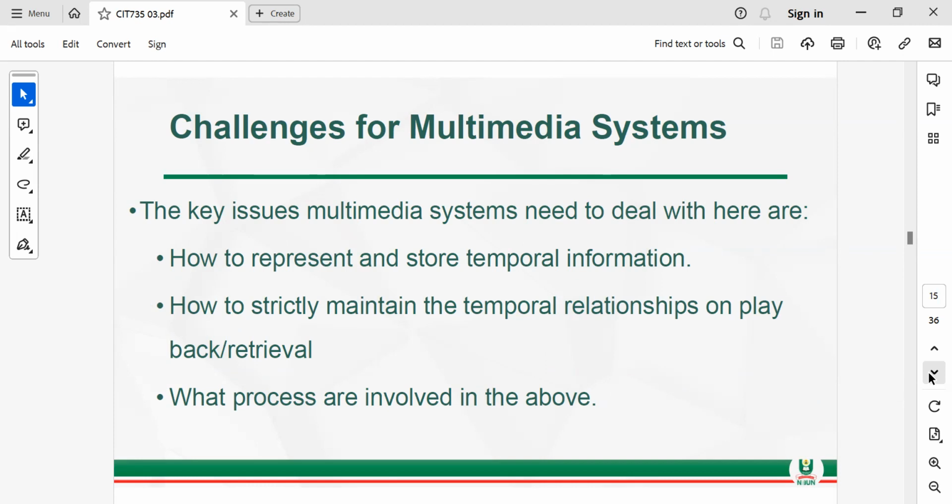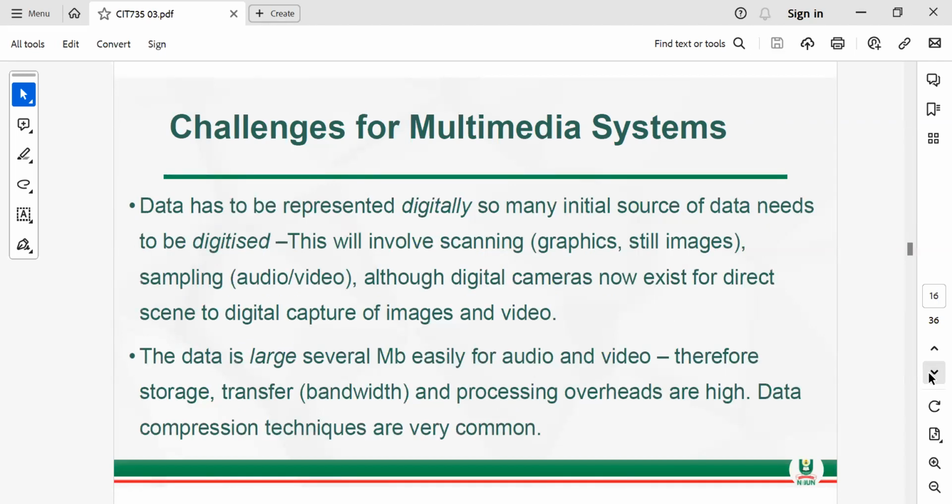Temporal information is what you can use to manipulate whatever is being stored or played. How do you strictly maintain the temporal relationships on playback and retrieval?